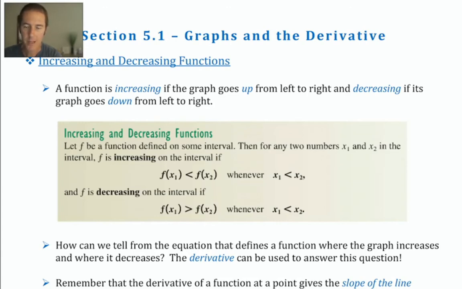As you move from left to right on a graph, your x values are increasing. The question is, what are your y values doing? If your y values are getting larger, then your function is increasing on that interval. If your y values are getting smaller, then your function is decreasing on that interval. But it's always as your x values are moving from left to right, in other words, from smaller to larger.